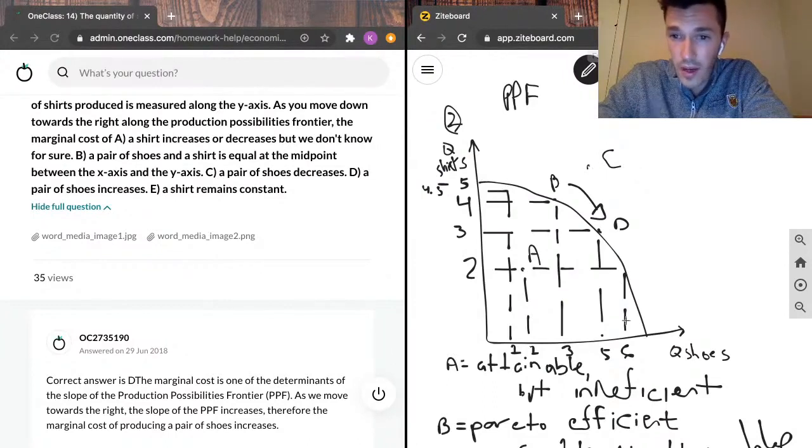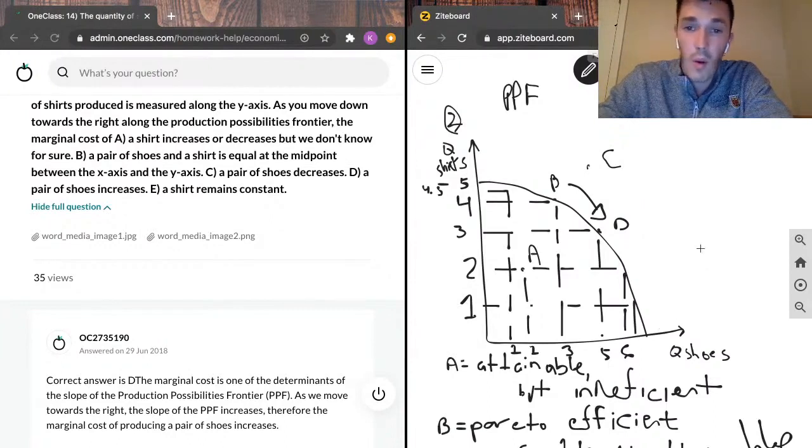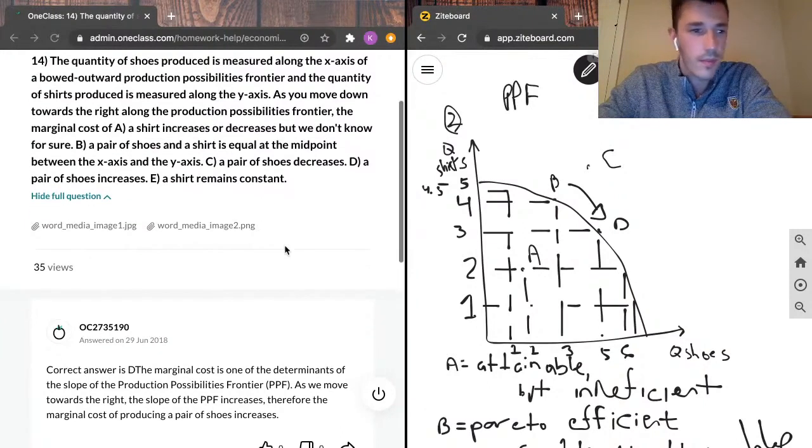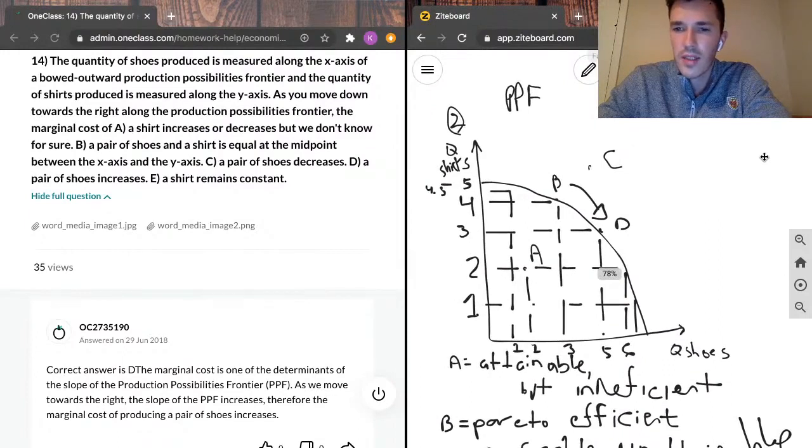But as you move further along here, say you have 6 pairs of shoes and you want more, maybe like that 6.5 pairs of shoes right here, you're going to have to give up a whole shirt. So at the beginning here, all we had to do was give up half a shirt to get a pair of shoes. And at the end, if we want another pair of shoes, we're going to have to give up a whole shirt or more. And that's why the marginal cost of a pair of shoes increases, because for 1 more pair of shoes, you now have to pay more than you did when you had fewer pairs of shoes. I'm trying to think if there's anything else I'd like to add to that, but I think that essentially covers it.